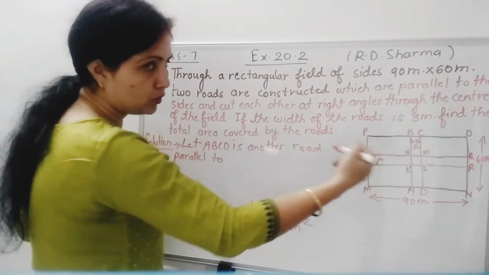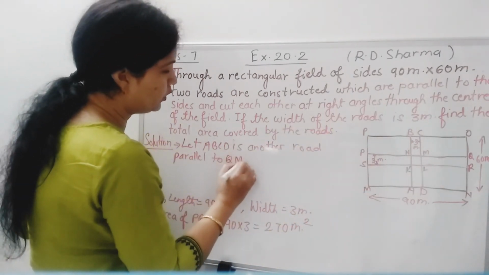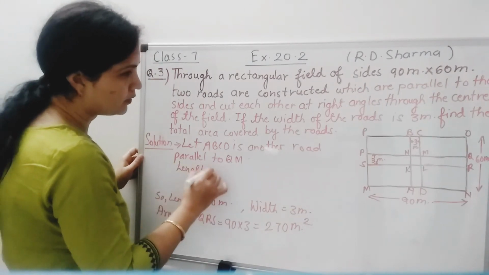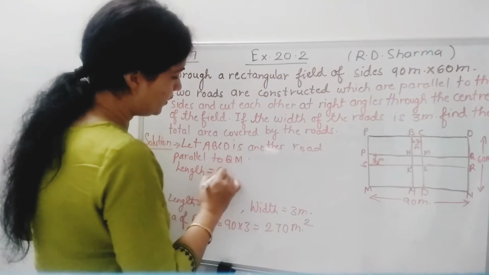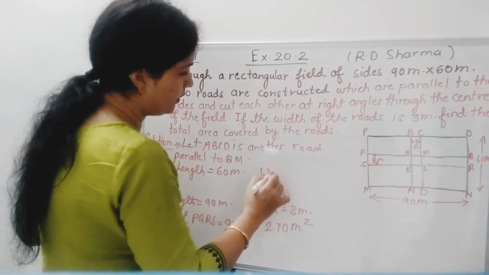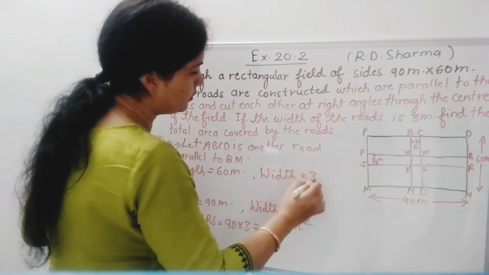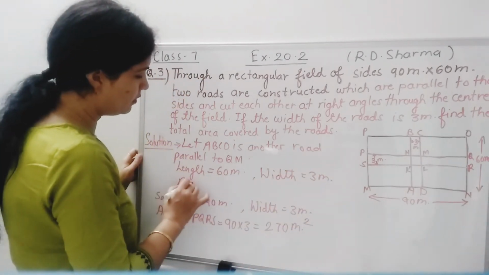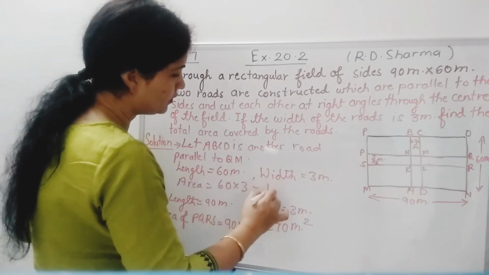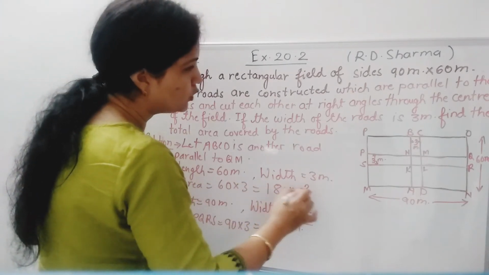You can write either both or any one. Suppose I am writing QM. So the length will be 60 meter here, and the width is already given as 3 meter. So the area will be length into breadth, 60 into 3, which is 180 meter square.